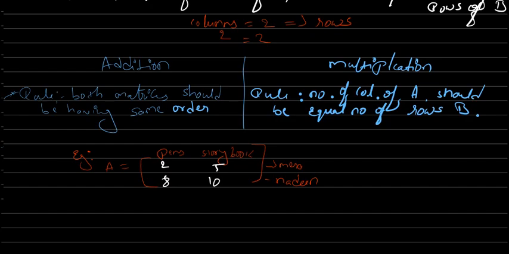And the prices of these, you can consider as a B matrix. I'm writing this as a B matrix. The price of a pen and a storybook is 5 and 50.